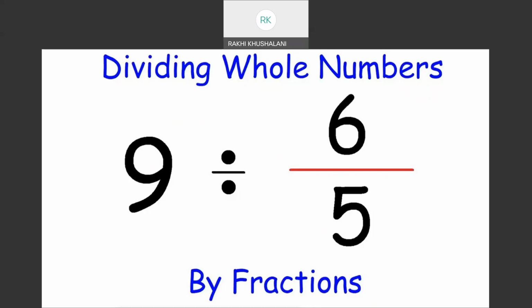Now if you see, 6/5 is also an improper fraction. It is basically what? 1/5. Okay, so you have to take 1/5 fractions of 9. Okay, you have to take 1/5 fractions of 9.